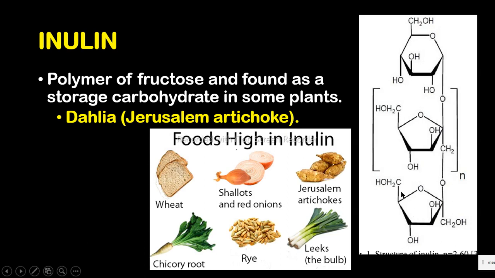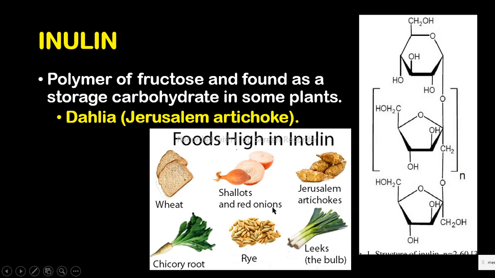So inulin is a carbohydrate chain made up of fructose molecules, not fructose fibers, fructose molecules. And it is for storage, e.g., in such plants.